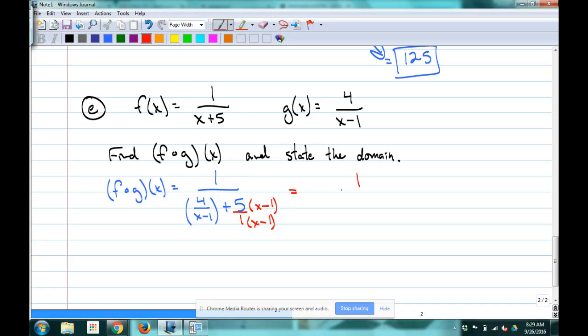So that gets us 1 over 4 over x minus 1 plus 5x minus 5 over x minus 1. And that simplifies to give us 1 over 5x minus 1 over x minus 1. Remember, dividing by a fraction is the same thing as multiplying by its reciprocal.